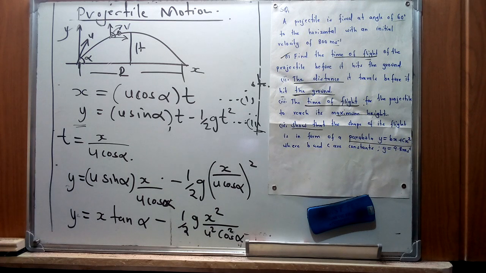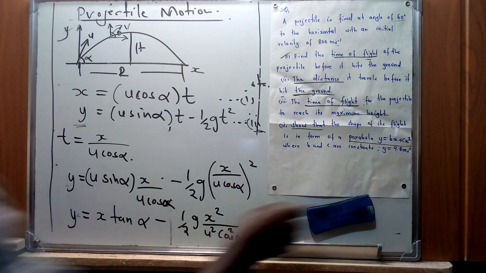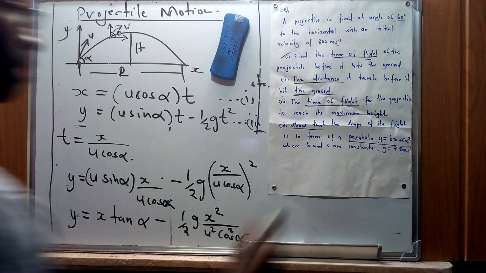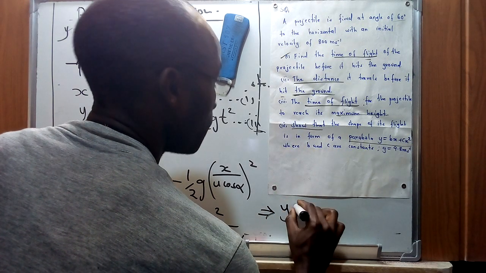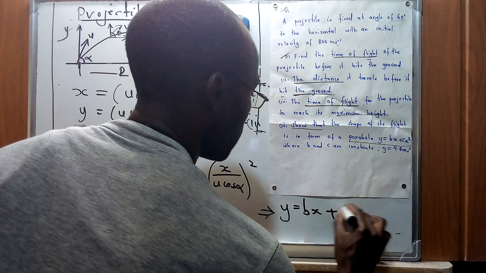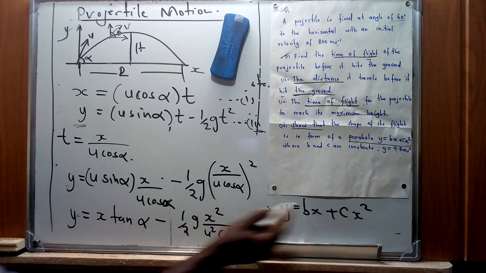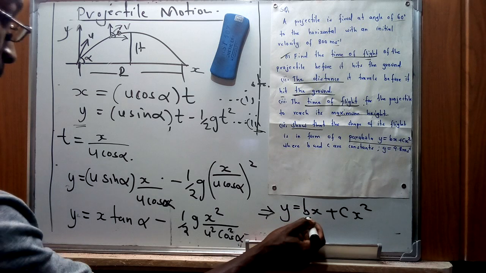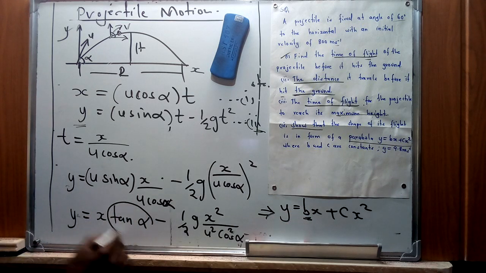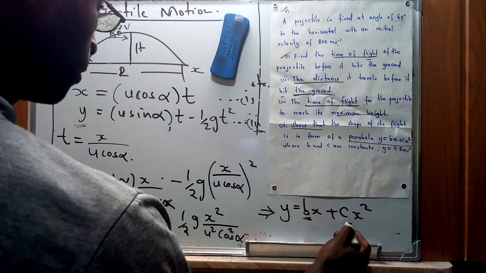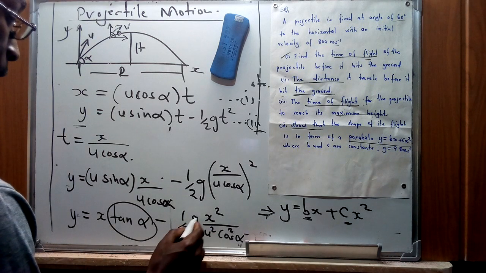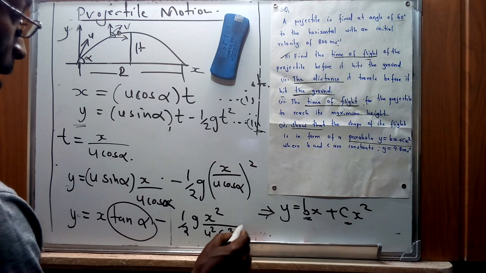So if you look at the relationship between that one and the equation of a parabola, which is given as y equals bx plus cx squared, if we take that one as analogous to this, then this specific constant b is going to be represented by tan alpha, and the constant c is going to be represented by g over 2u squared cosine squared alpha.